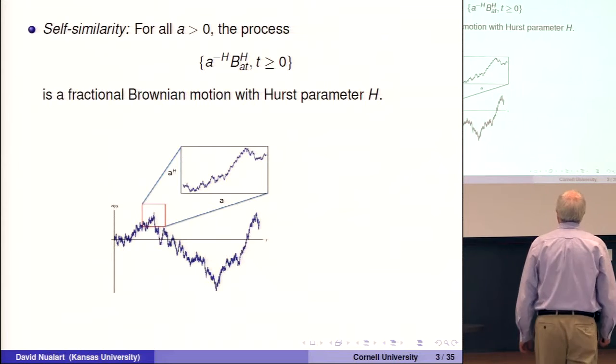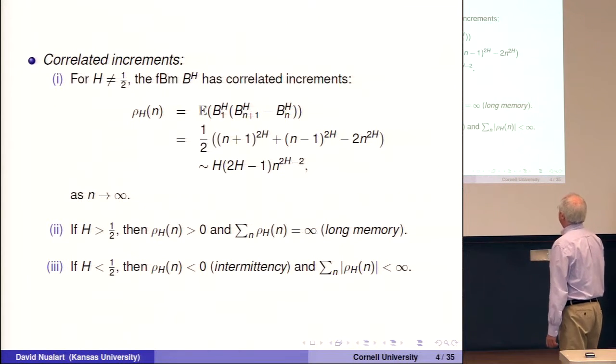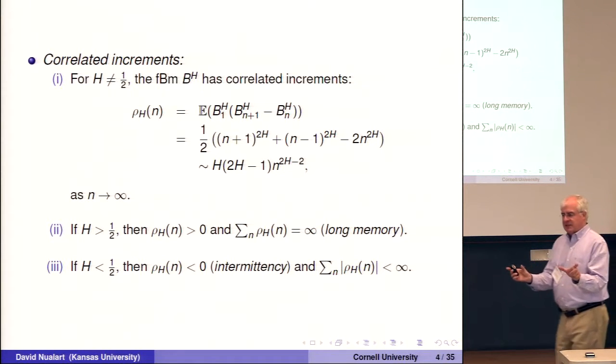Okay, so continuing with the properties of fractional Brownian motion. Unlike the Brownian motion, it has correlated increments. I'm going to denote by rho_H(n) the covariance between two increments at distance n.